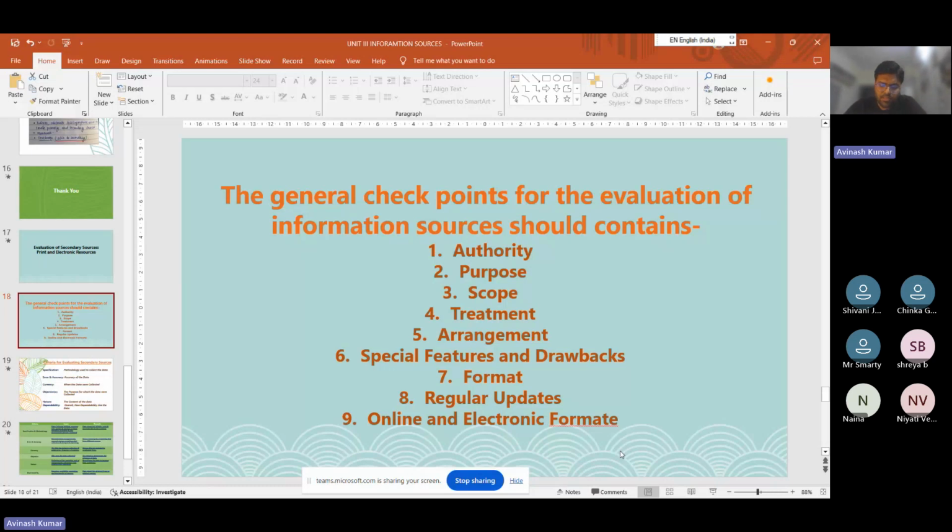Suppose you have information from Facebook and Instagram. So many rumors are spreading every day in your life. But some news channels have a program they broadcast called fact check.